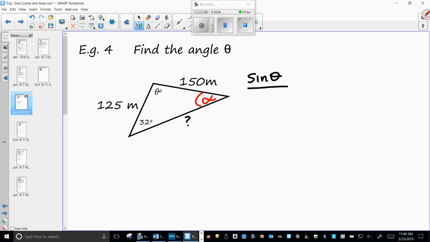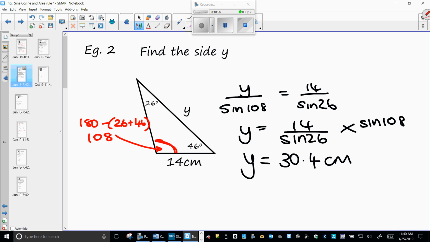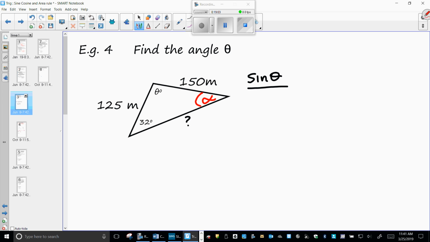It's a little bit like one of those early questions, like this one here, but backwards, in that I am missing a length that I need, so I'm going to find a different angle and then find the one I actually want. So actually this is not going to be used at all, but I wanted to write it as we normally would, so you're in the habit of doing that.